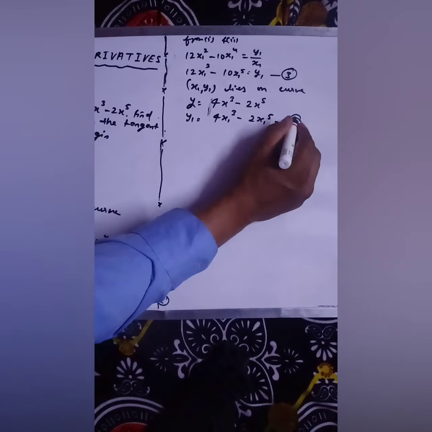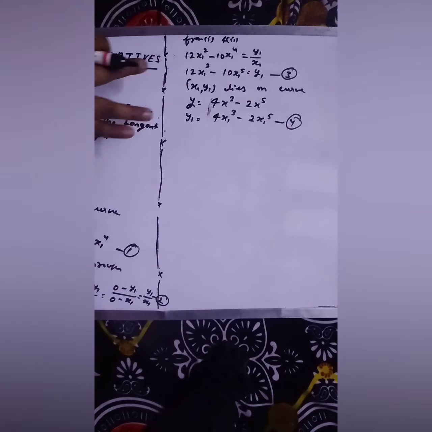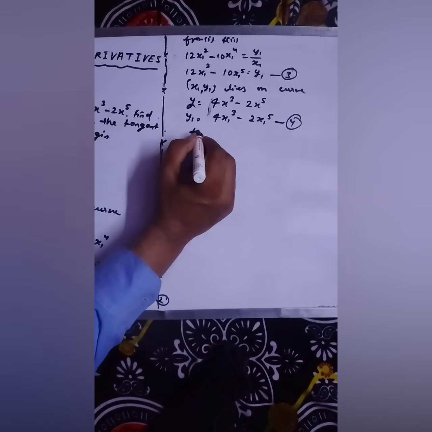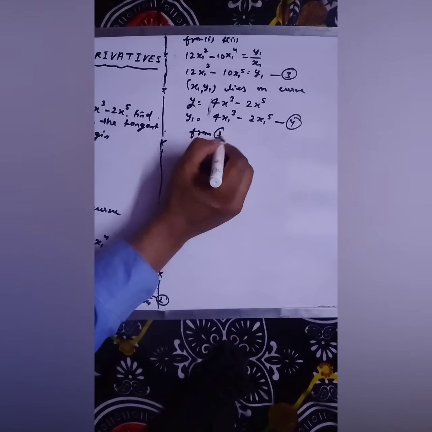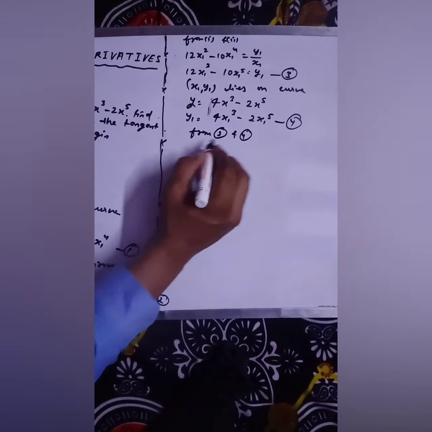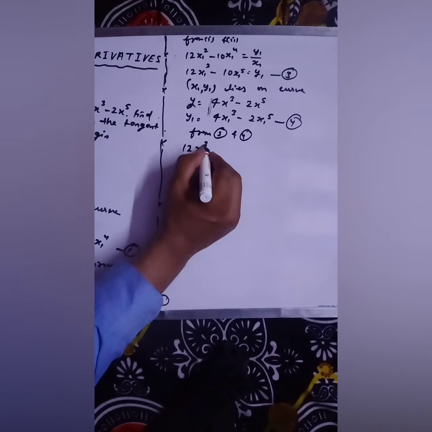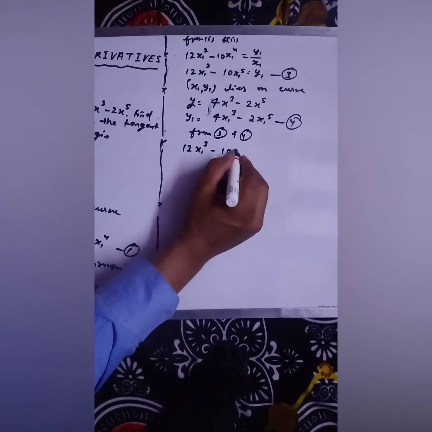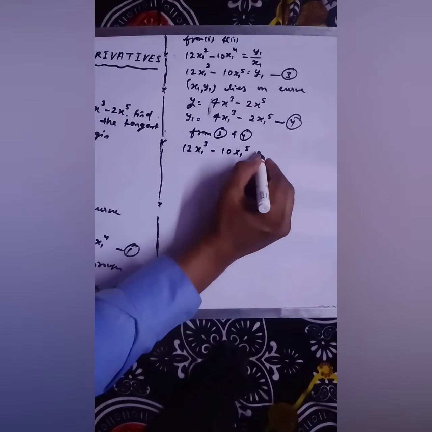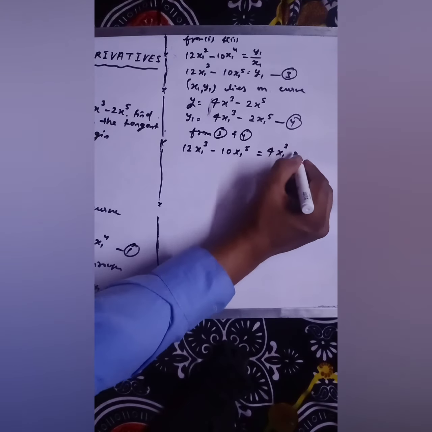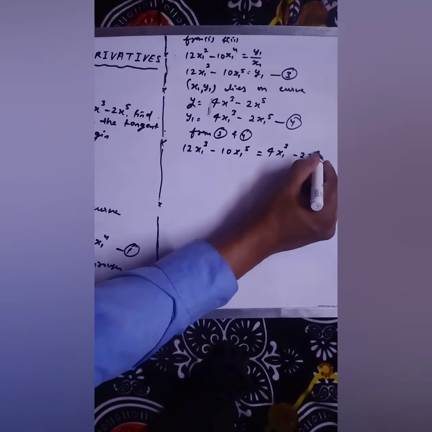This is equation number 4. Now we are putting from 3 and 4. We will get 12x1 cube minus 10x1 plus 5 is equal to 4x1 cube minus 2x1 plus 5.